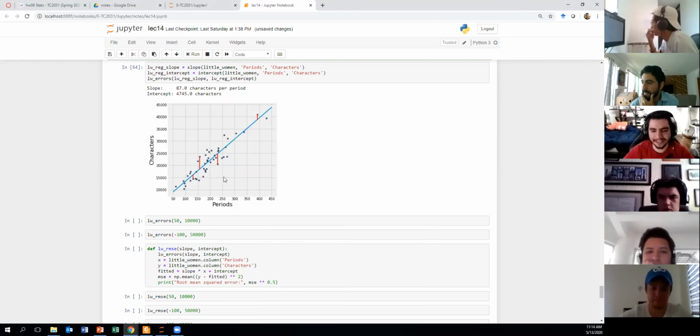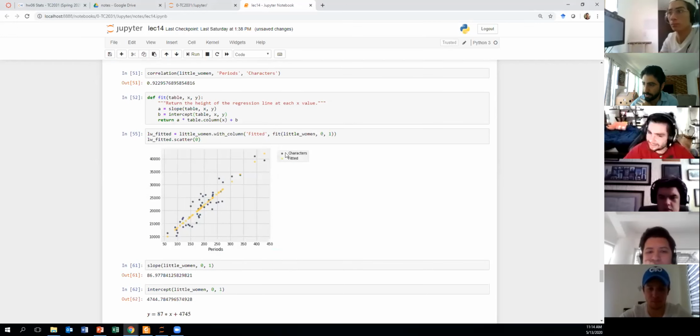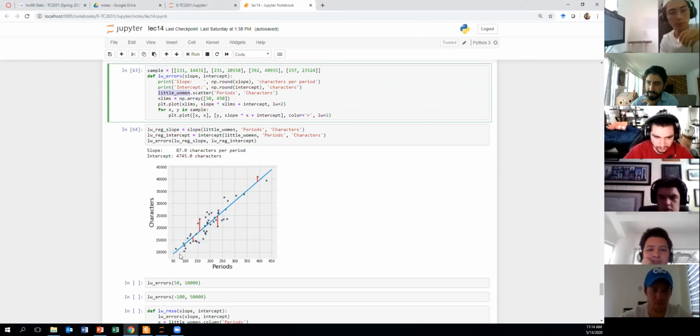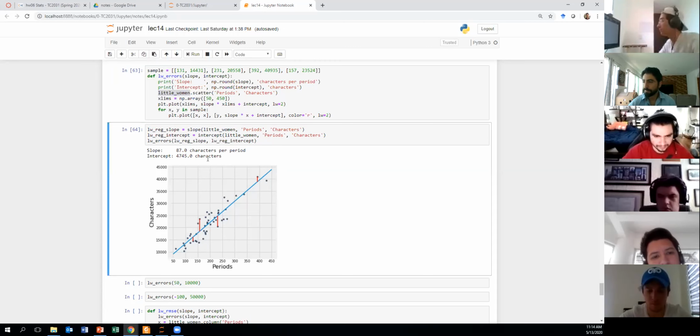This graph shows my prediction line, the one that you just saw, using this slope and intercept. These are the errors that I can see. Some of them are positive, some of them are negative, below the line.